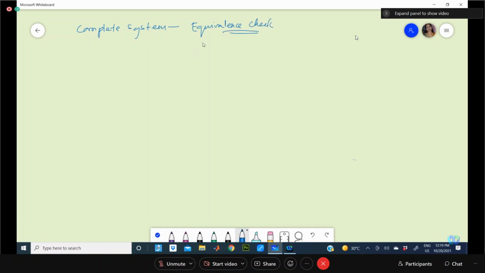What is this equivalence check? Say you have state S1 and state S2, in terms of present state, and for an input of 0 or 1 we are analyzing.